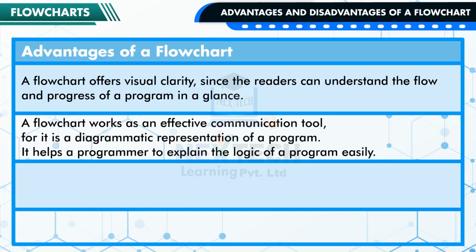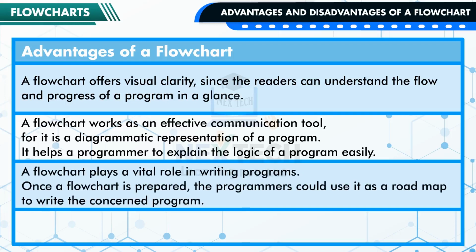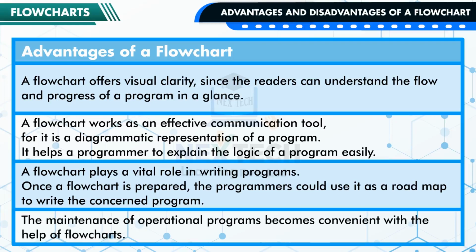A flowchart works as an effective communication tool, for it is a diagrammatic representation of a program. It helps a programmer to explain the logic of a program easily. A flowchart plays a vital role in writing programs. Once a flowchart is prepared, the programmers could use it as a roadmap to write the concerned program. The maintenance of operational programs becomes convenient with the help of flowcharts.